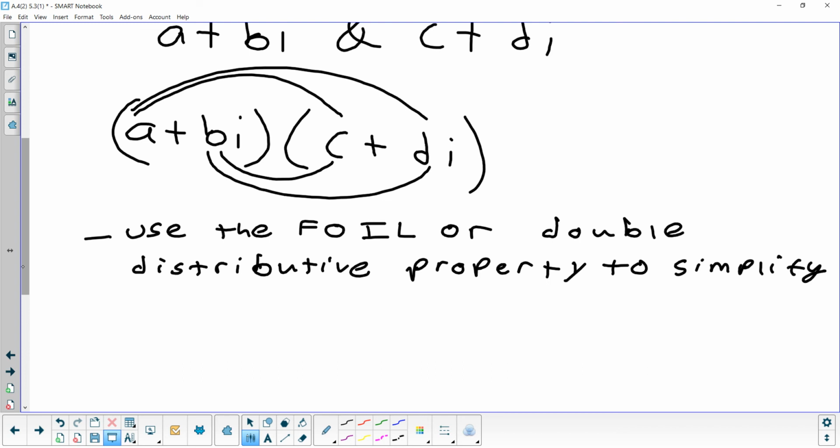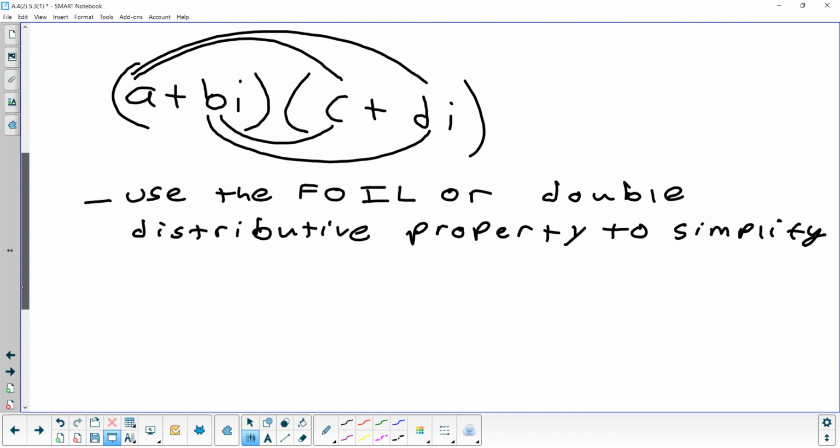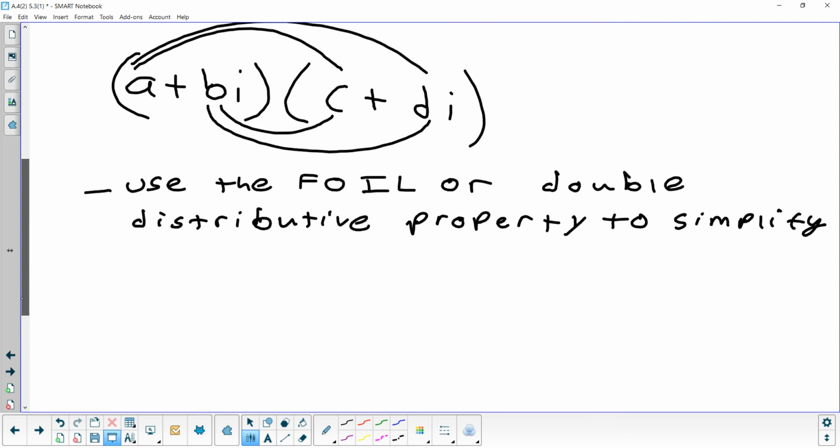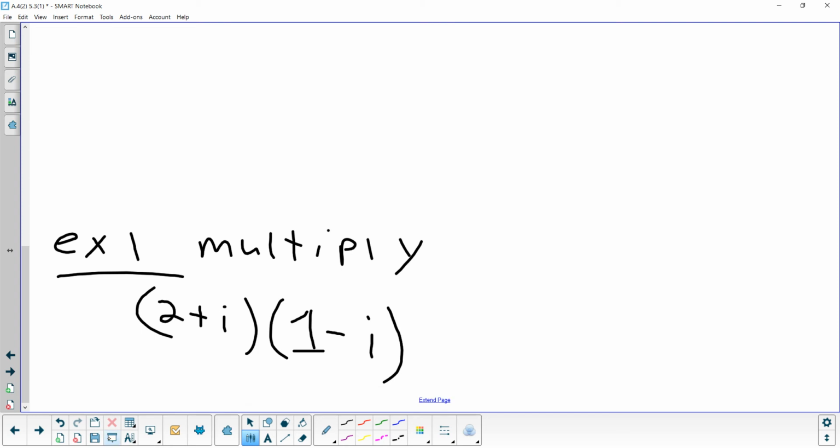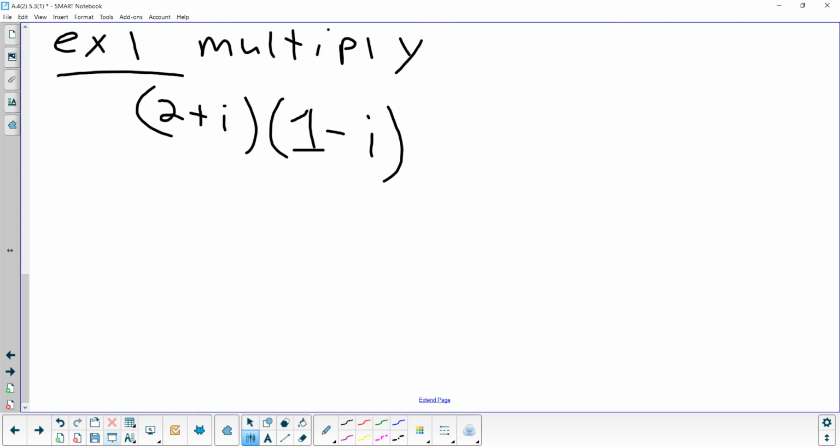All right, let's go through it and see what happens. So, I want to multiply 2 plus I times 1 minus I. Let's start with the first two things. We're going to do 2 times 1. That's the first thing.